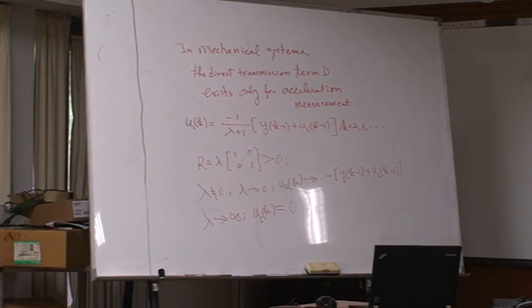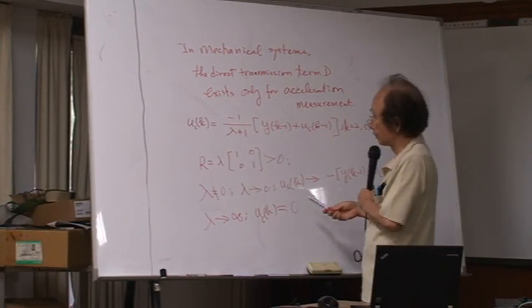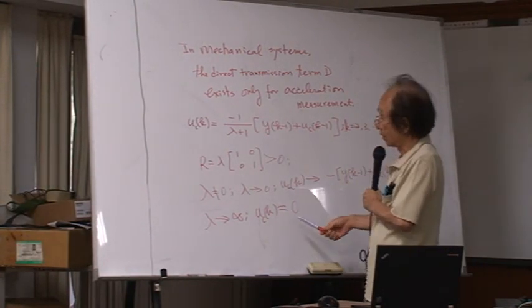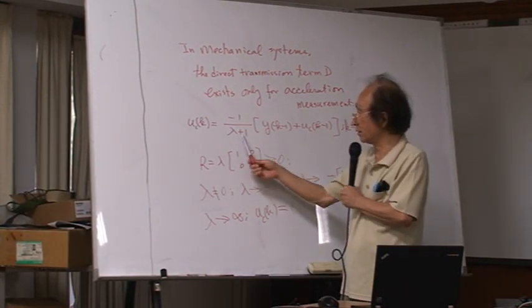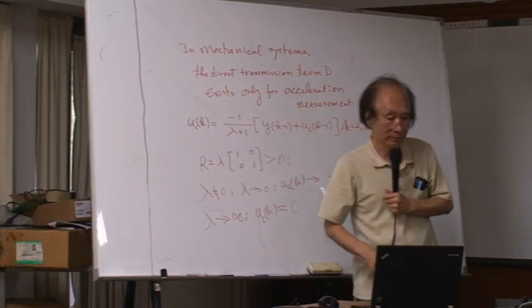Agree? Any questions? No? Okay. Let me explain to you here. Lambda going to infinity, then UCK equals 0.